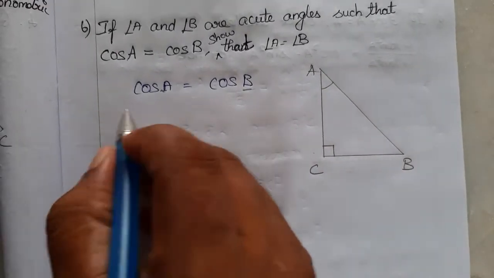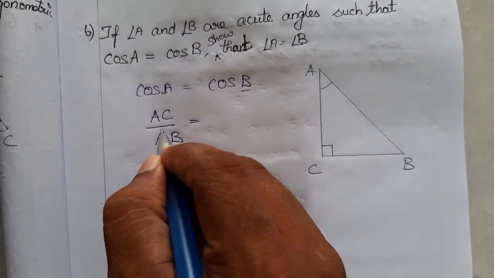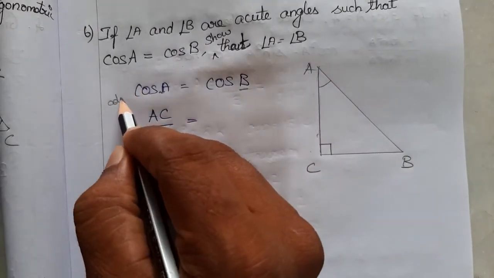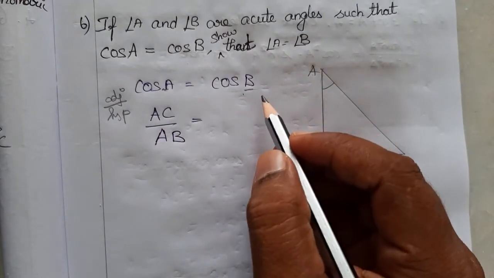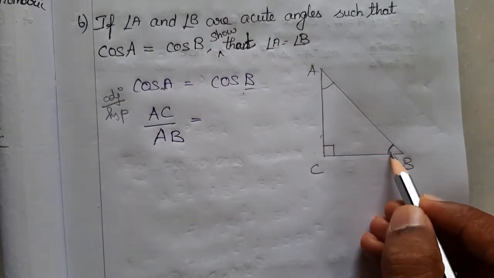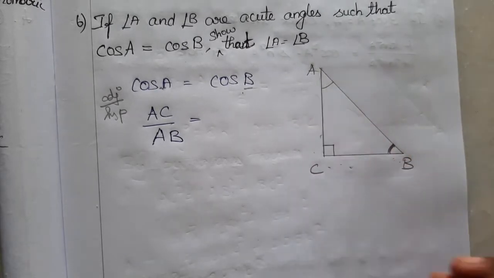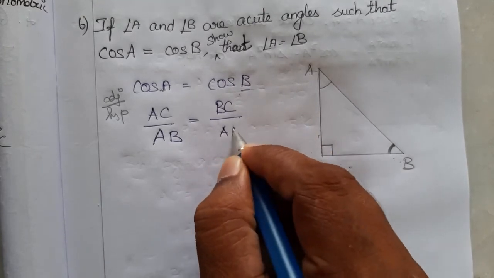So this we can write as AC by AB. You have to remember this formula, the ratio adjacent by hypotenuse. So the same for cos B. The adjacent is BC here and the hypotenuse is the same AB. So we write it as BC by AB.